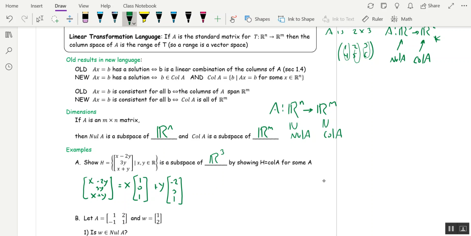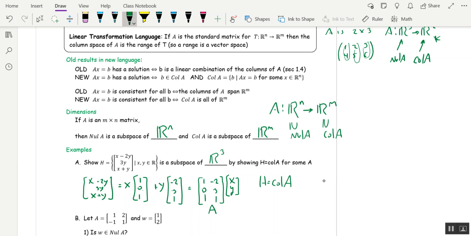Can I write that in matrix form? Yeah, I can write it like this: the matrix with columns 1, 0, 1 and negative 2, 3, 1, times the vector x, y. So elements of H are linear combinations of these two vectors. So if this is the matrix A, then H is col A, which is a subspace.